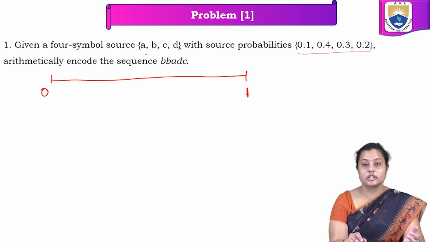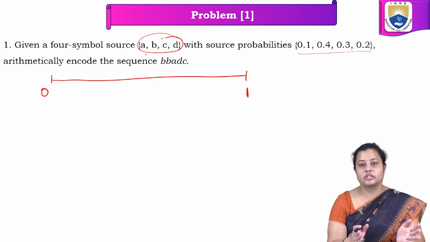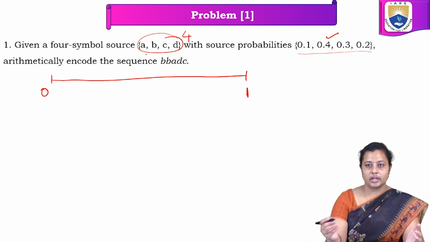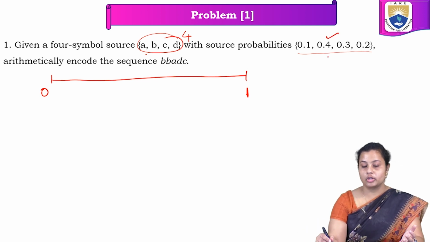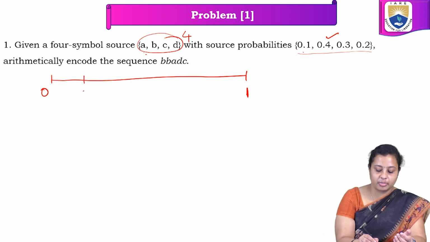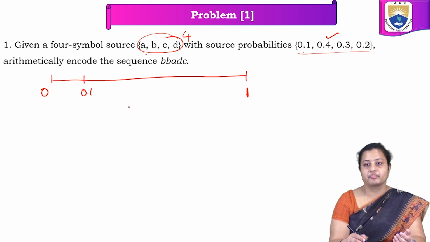They are divided based on the number of source symbols, so we divide this 0 to 1 into 4 subgroups because we have 4 source symbols. The lengths are given by the probabilities, so the length of each subgroup is equal to its probability. My first symbol is A, its probability is 0.1, so the first subgroup is of length 0.1, right?